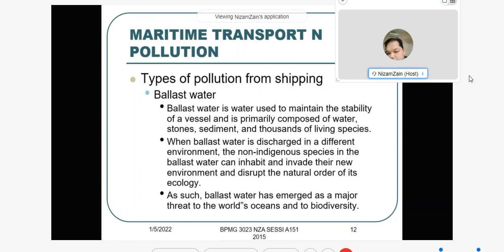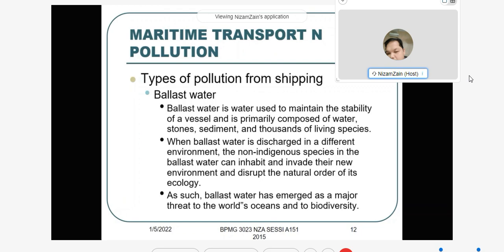But due to being kept for some time in the ballast tank without any sunshine or any proper oxygen, they develop non-indigenous microorganisms. The normal one is indigenous to the sea, but the other is non-indigenous, meaning they are like alien species of microorganism.